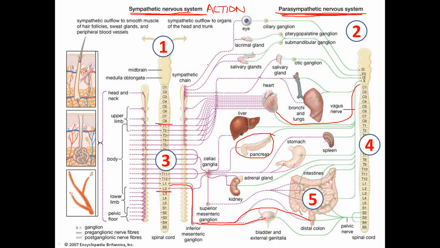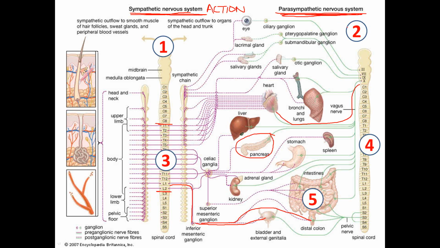So all of the actions of the sympathetic nervous system will be to stimulate actions. So for instance, the sympathetic nervous system stimulates the heart to beat faster. Okay? It changes the diameter of blood vessels so that more blood flows faster and under more pressure.